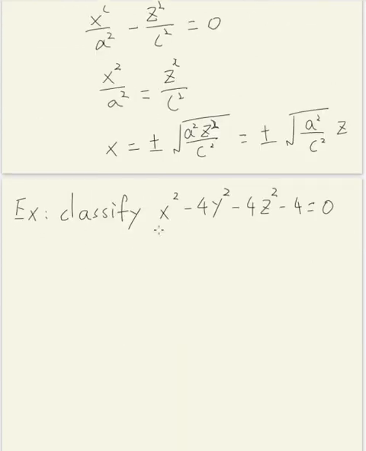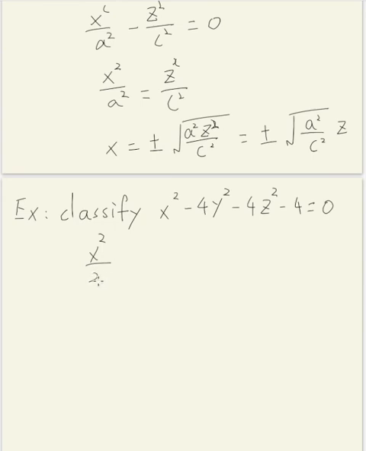Okay. Now, x squared minus 4y squared minus 4z squared minus 4 equals 0. If you look at the general equations of the six shapes in the picture on the previous page, you realize that we get rid of all the coefficients and put them in the denominator. So that's the first thing we will do. Since the largest coefficient here is 4, we divide the entire equation by 4 and get x squared over 4.